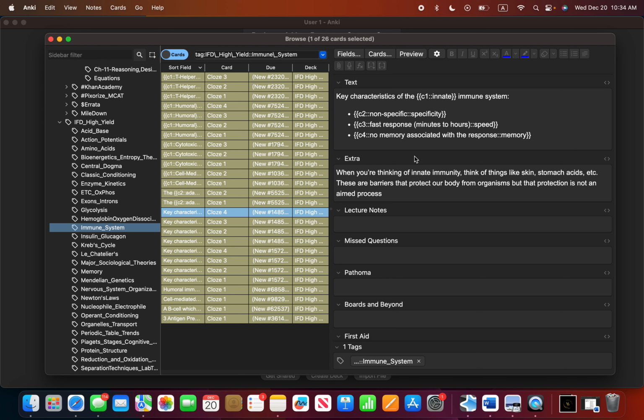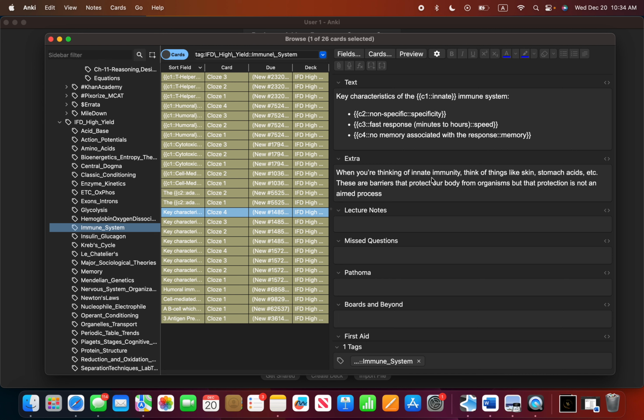I'm trying to figure out what I just read. The key characteristics of the innate immune system. So we have adaptive and innate. It's fast response, non-specific, no memory.